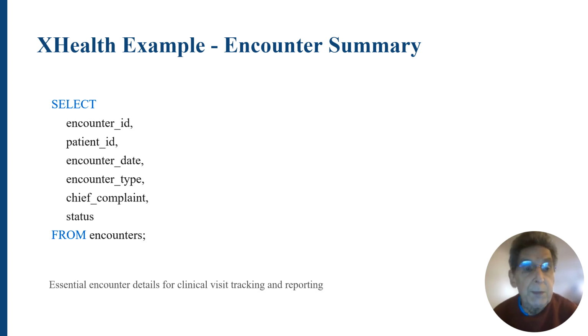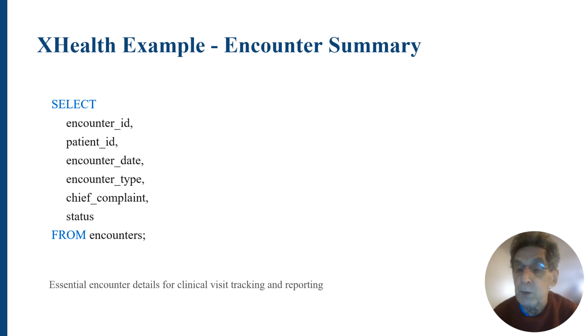One more select example. Pulling encounter summaries. An encounter, in healthcare terminology, is a visit or interaction, like an office visit, or a telehealth appointment, or an emergency room visit, and so on. So we're selecting the encounter ID, the patient ID, the encounter date, the encounter type, the chief complaint, and status.